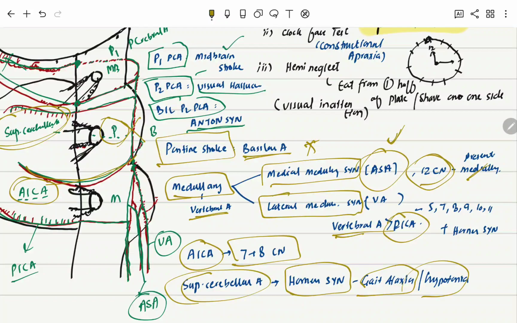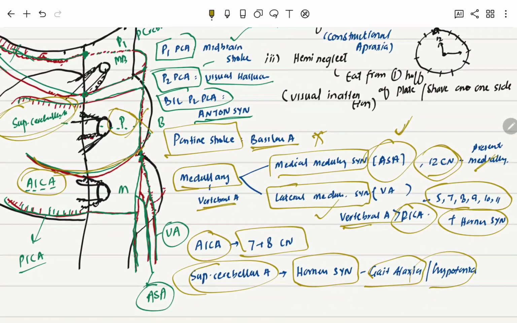If the patient has 5th, 7th, 8th, 9th, 10th, and 11th cranial nerve involvement, multiple nerve involvement, and along with that the patient has Horner syndrome, we are going to think the patient has lateral medullary syndrome.